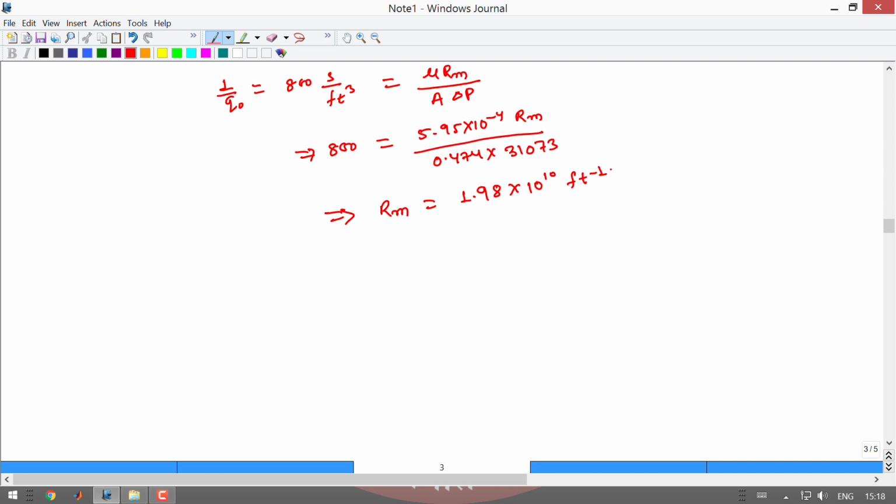The second question is just the extension of the first question. Here in the second question, the pressure drop is not constant, pressure drop is varying with respect to specific resistance.